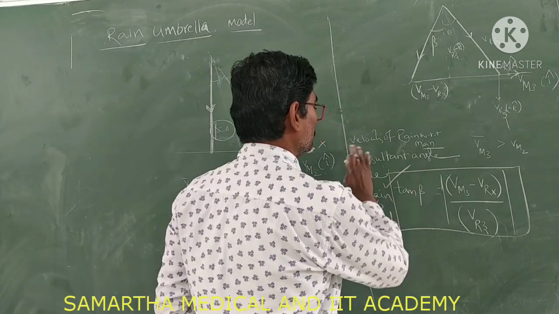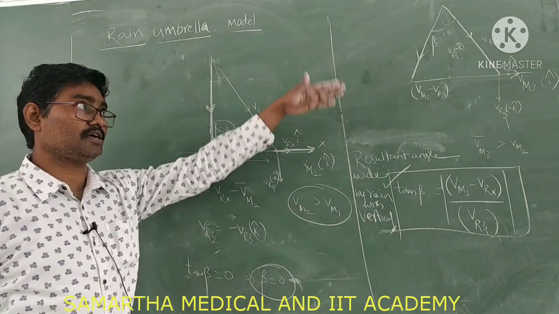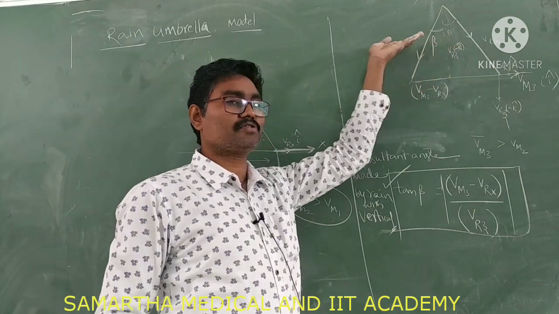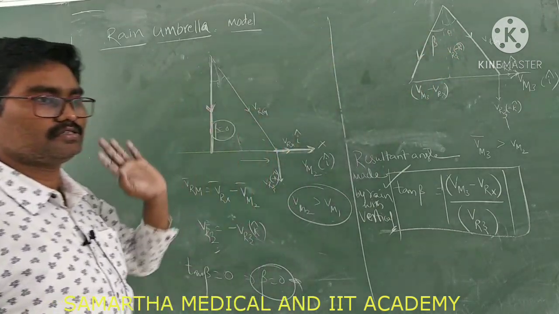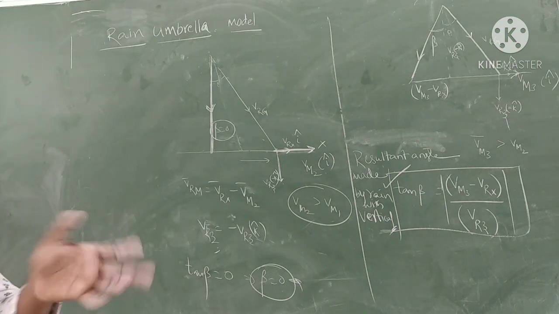Yes, this we can read. Correct? So that is what the angle is, now coming in the opposite direction. Okay? Clear enough? That is all about the rain umbrella concept, and we will see the problems next.